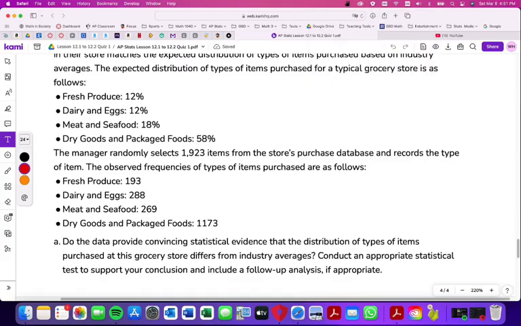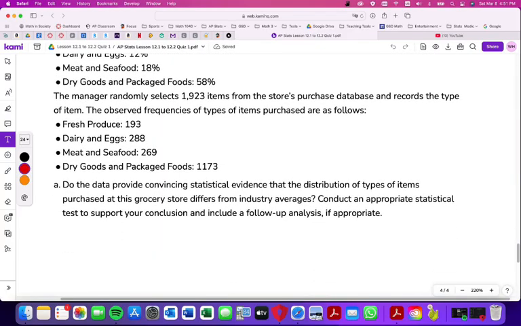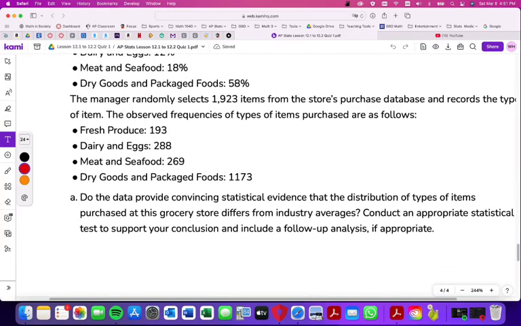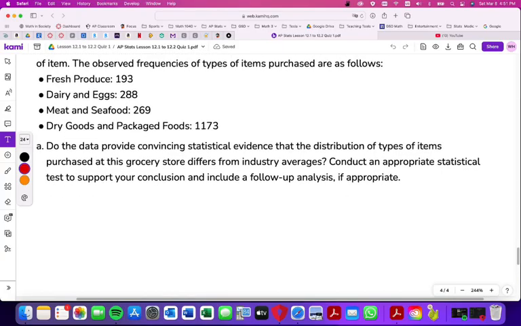The manager randomly selects 1,923 items from the store's purchase database and records the type of item. The observed frequencies of types of items purchased are as follows. So you have an observed list here, right?